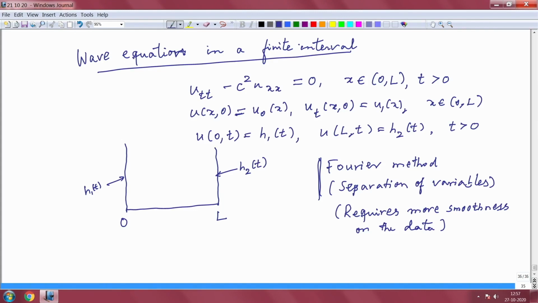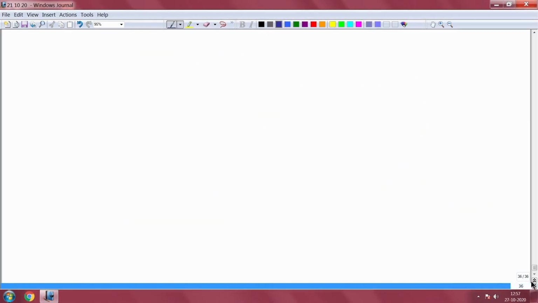So, let me show you here quickly how we approach this problem just using the characteristics, and how a solution can easily be obtained. Though no explicit formula can be written in this case, depending on t we can determine how the solution is determined. Okay.